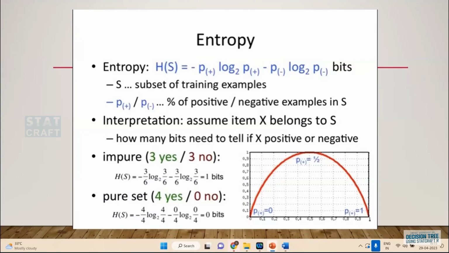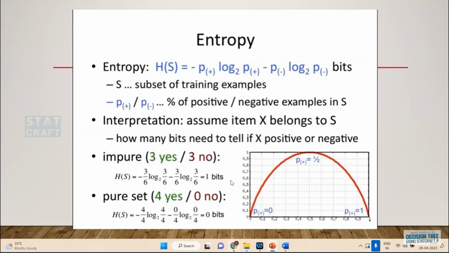Can you see on the screen how we are going to capture the entropy? Please write down, yes. Can you see on the screen what is entropy? Okay, very simple. There is a formula, but I'll try to explain it in a very, very simple way. The entropy will be captured by minus P log to the base 2 of P minus P log to the base 2 of P, right? So if I talk about the impure node, 3 yes, 3 no, how will it capture the probability? 3 by 6 log 2 of 3 by 6 minus 3 by 6 log 2 of 3 by 6.